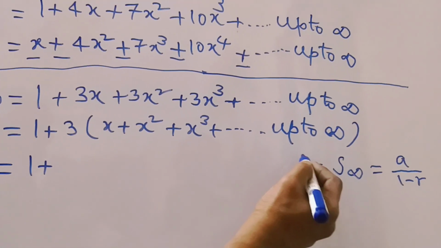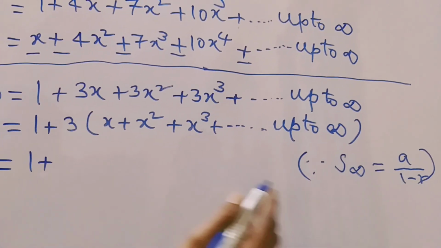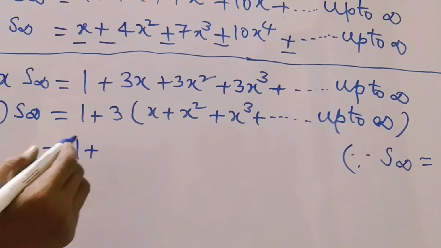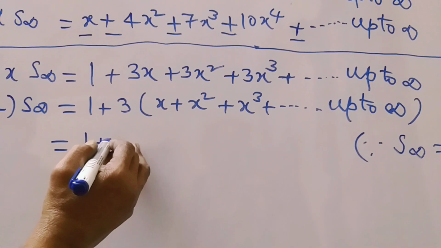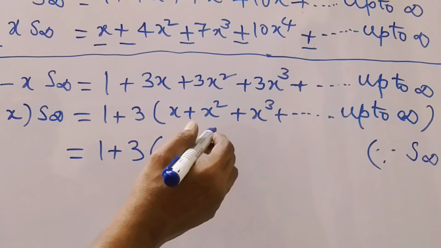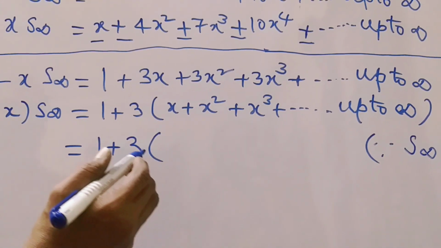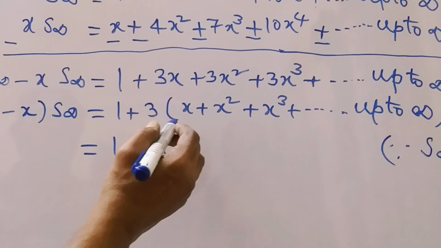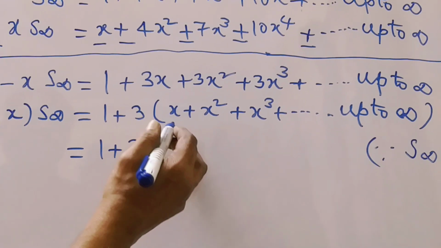Here, in x plus x square plus x cube plus x to the power 4 and so on, the first term a is equal to t1 is equal to x.